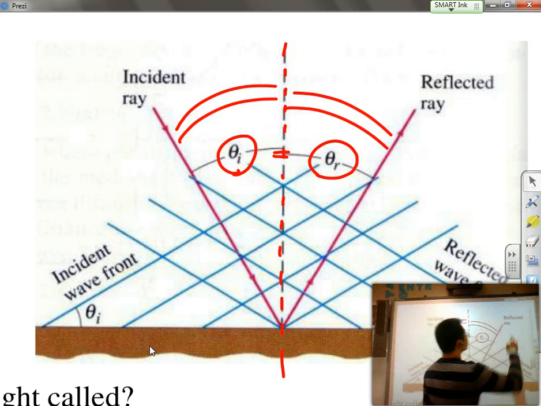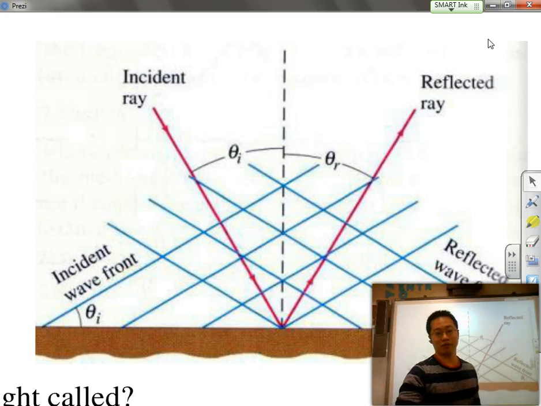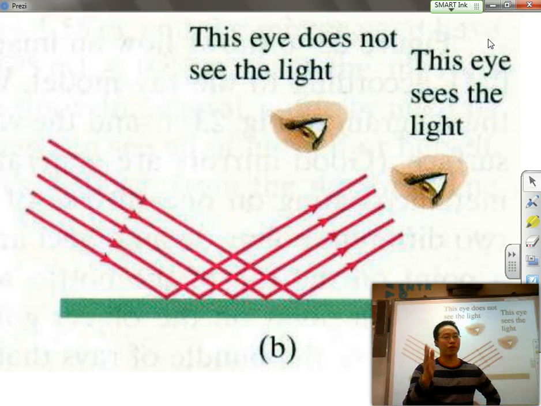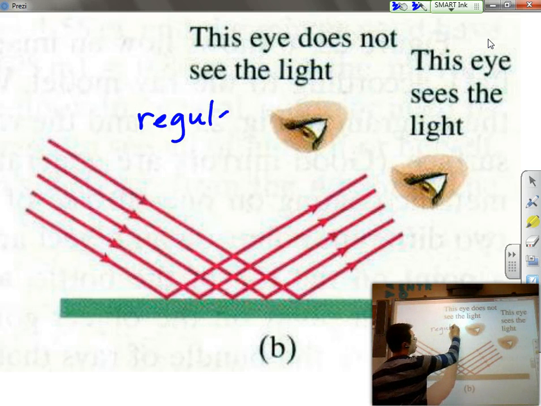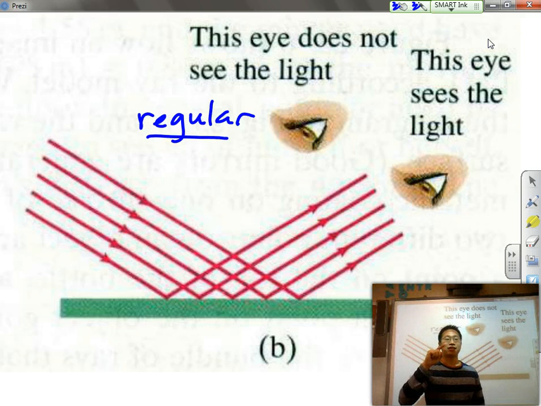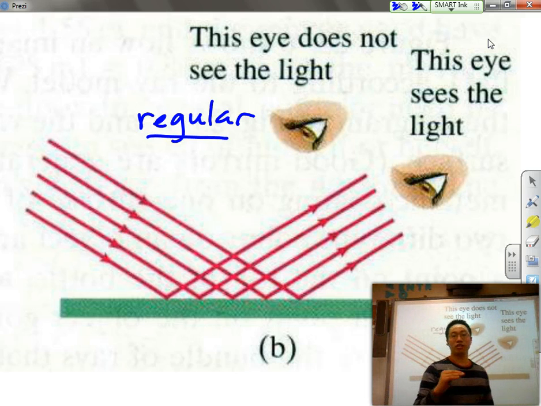Now, this brings us to talking about reflection itself. When we talk about regular reflection versus diffuse reflection, this is an example of regular reflection, which simply means that all of the incoming lines strike a perfectly smooth surface.